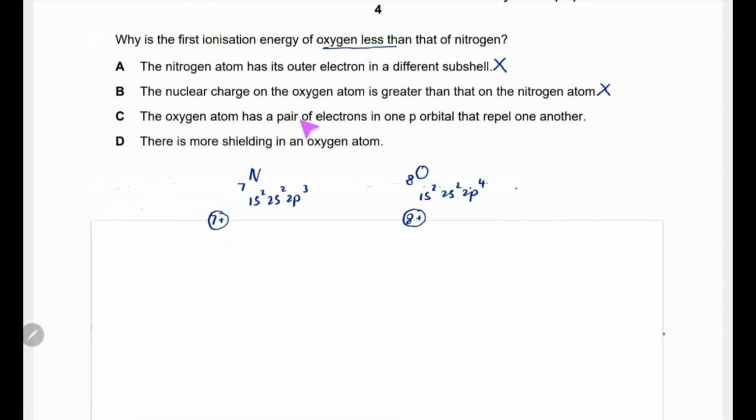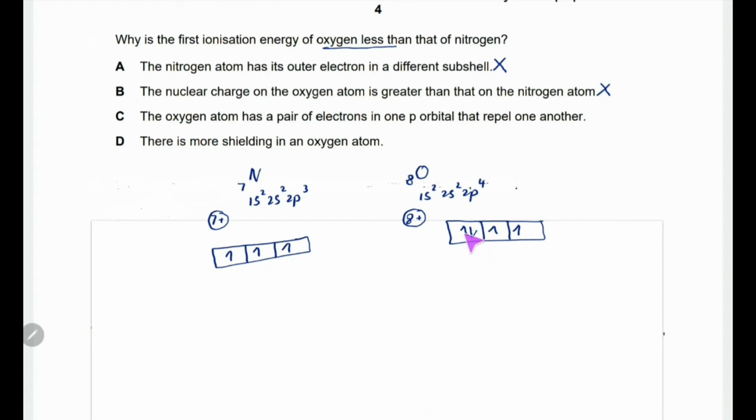The oxygen atom has a pair of electrons in one p orbital that repel one another. In nitrogen, the p subshell has 3 p orbitals, and each orbital is filled with one electron according to Hund's rule, so all the electrons are unpaired. In oxygen, we get this configuration 1, 2, 3, and the fourth electron should be paired with any one of these.